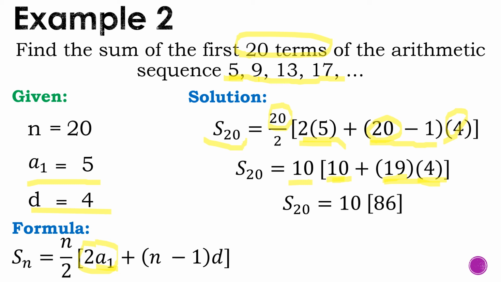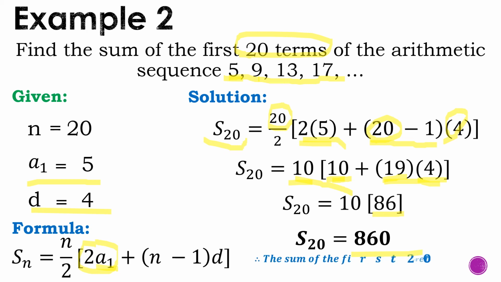Plus 10, that is 86. And then bring down 10 here. So that our final answer is S sub 20 is equal to 860. Therefore, the sum of the first 20 terms of the arithmetic sequence 5, 9, 13, 17, and so on is 860.